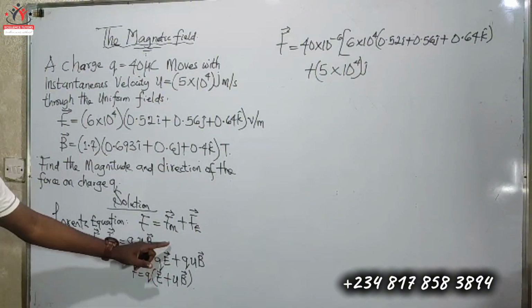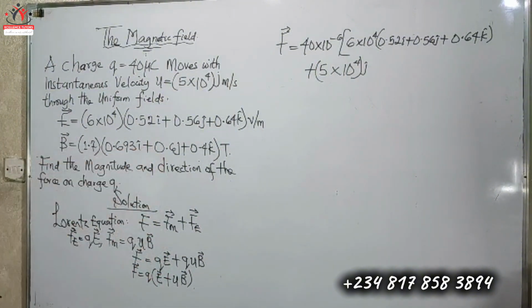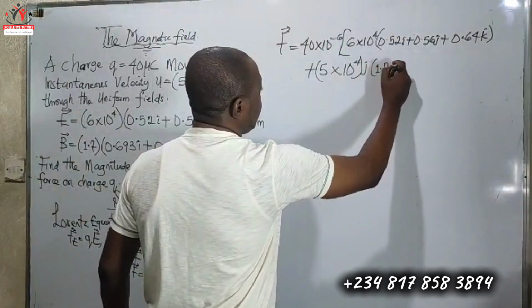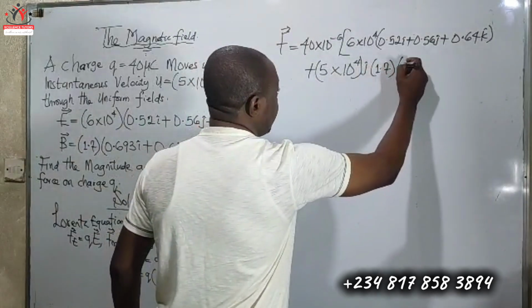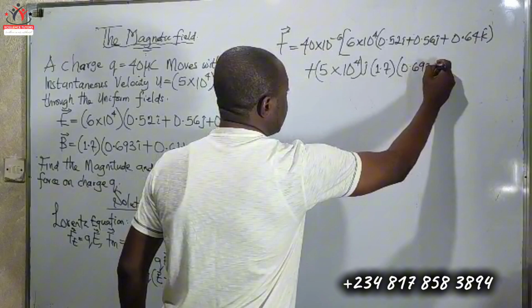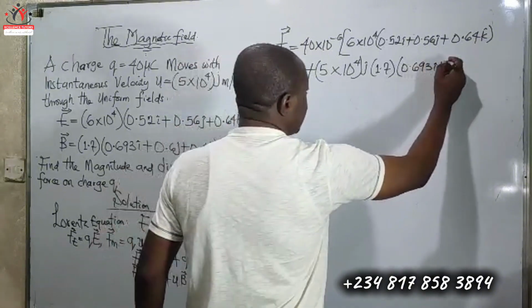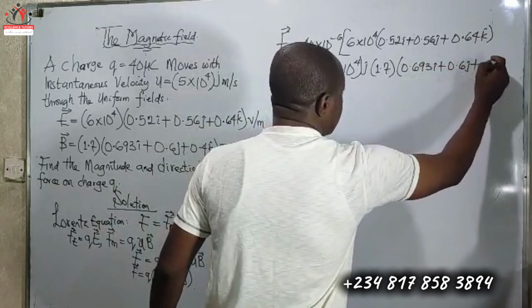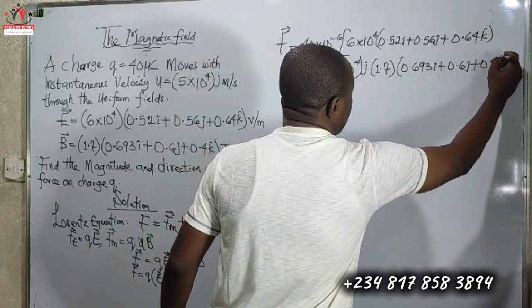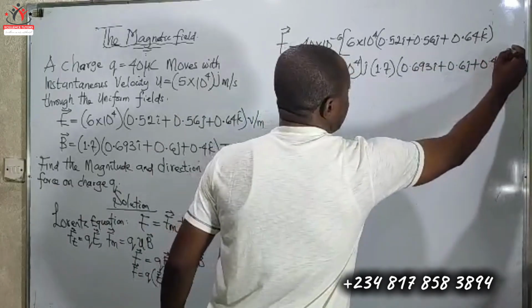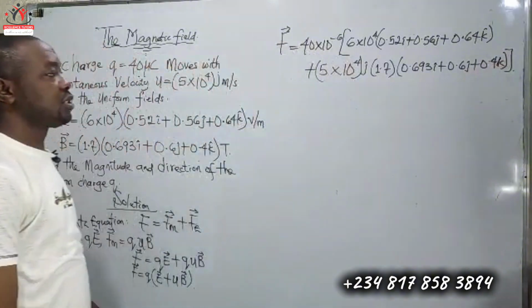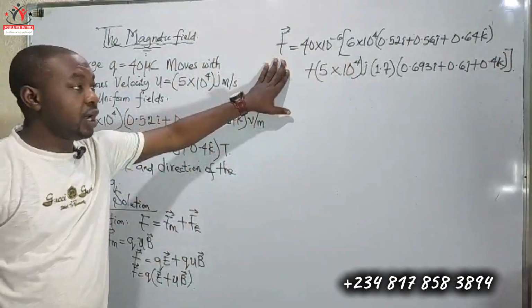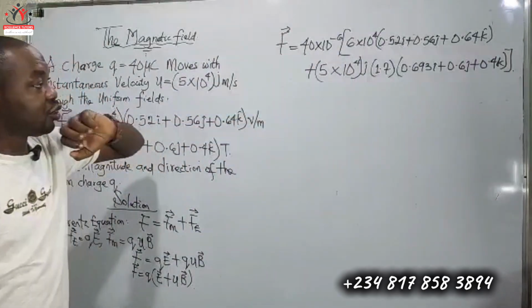We're going to use that to multiply the magnetic field vector, which is 1.7 multiplied by 0.693i, plus 0.6j, plus 0.4k. Then we close the parenthesis. So this is the vector force.